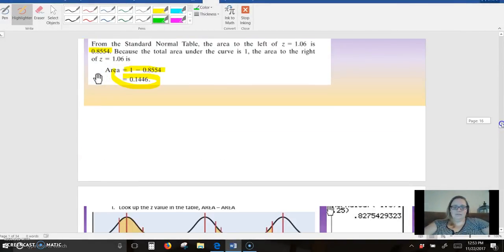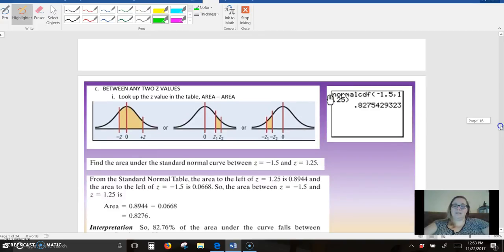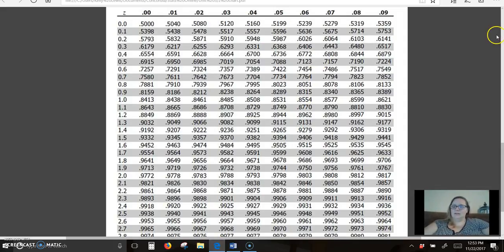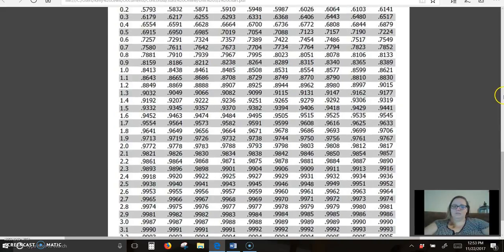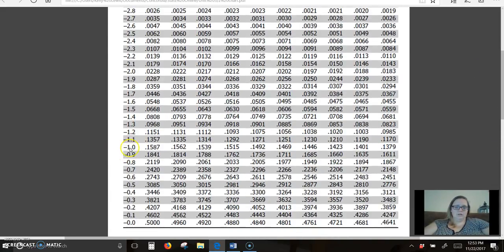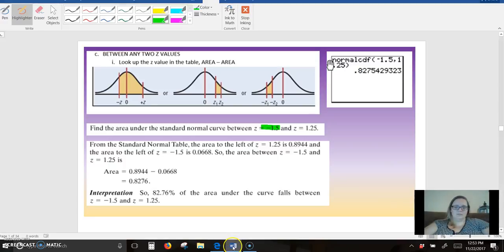All right. What if it's in between two values? We can look up negative 1.5. Let's do that. Negative 1.5 gives 0.0668.